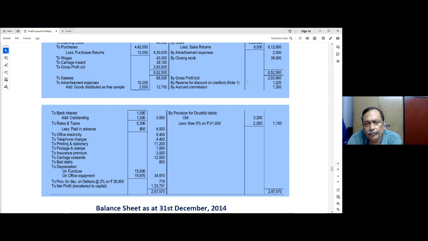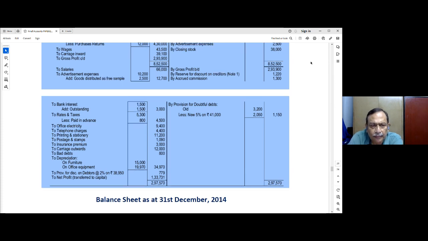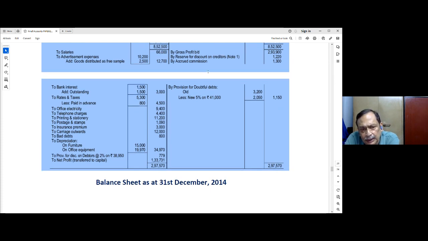Then to salaries, to advertisement expenses, add goods distributed as free sample, to bank interest, add outstanding, to rates and taxes less paid in advance, to office electricity, to telephone charges, to printing and stationery, to postage and stamps, to insurance premium, to carriage outwards, to bad debts, to depreciation on furniture and on office equipment, to provision for discount on debtors.